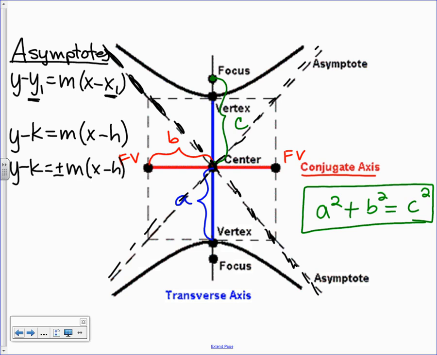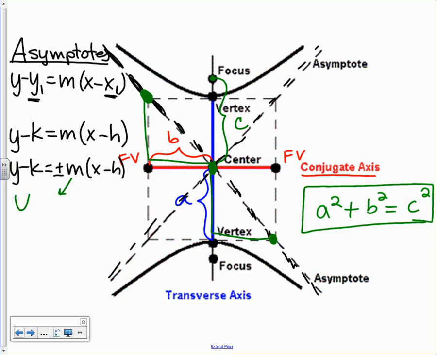What I want you to see is that depending upon how your graph is opening, to go from this point, this is the corner of what I'm going to call the magic box, this dotted line box, to my center, to this point, I'm going down A over B, down A over B. It's going to depend upon my graph here.